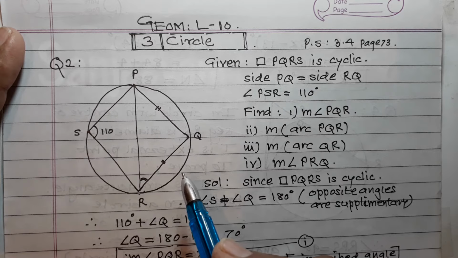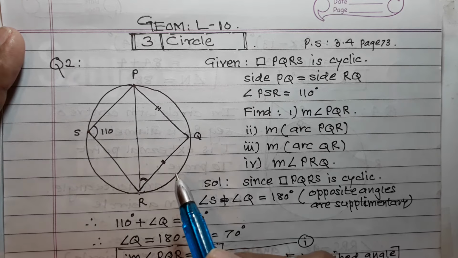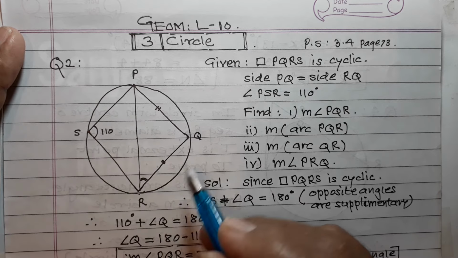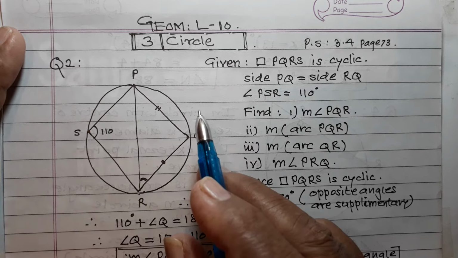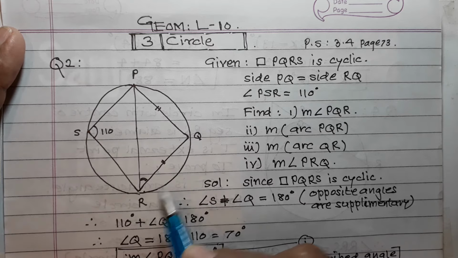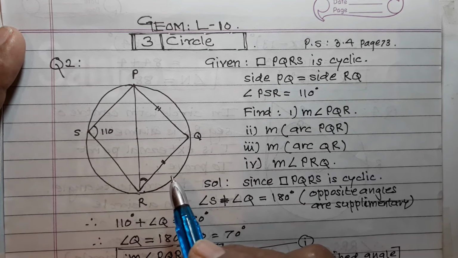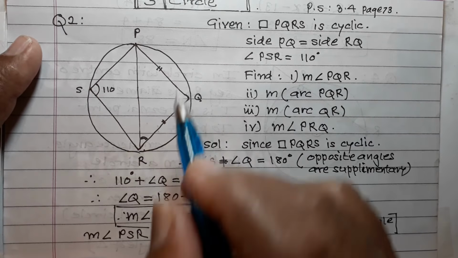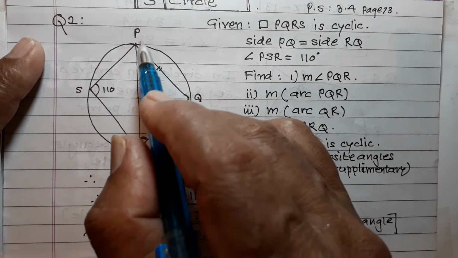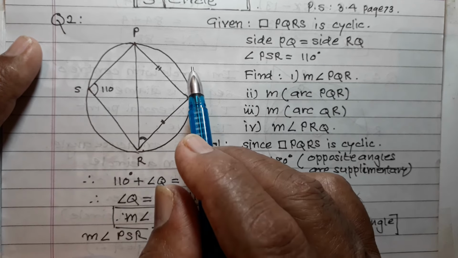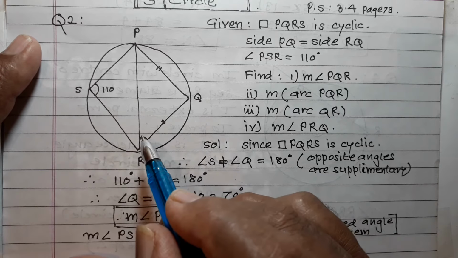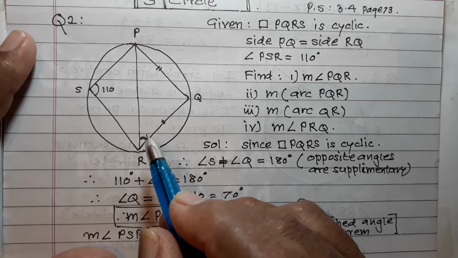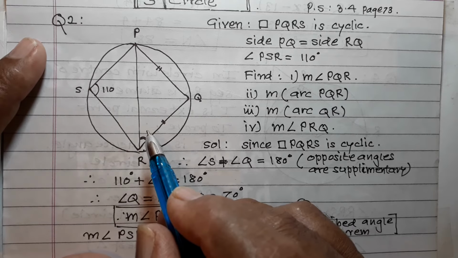For this you substitute PQ, so twice arc QR is equal to 220, and therefore this arc is equal to 110. Now this arc and this arc are equal, so this arc is equal to 110, and therefore this inscribed angle, which is half of that arc, is equal to 55.